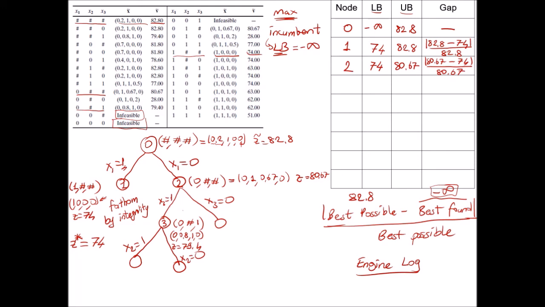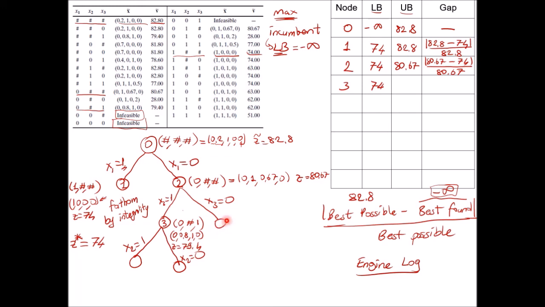80.67. Now in node 3, what is the best integer solution? It is still 74. We haven't found any other integer solution yet. We still keep that one. What about the upper bound? Look, it's very important to understand this idea. The open nodes, after solving this tree, are this and this. So the parents of these two is this one, and its value is 79.4.